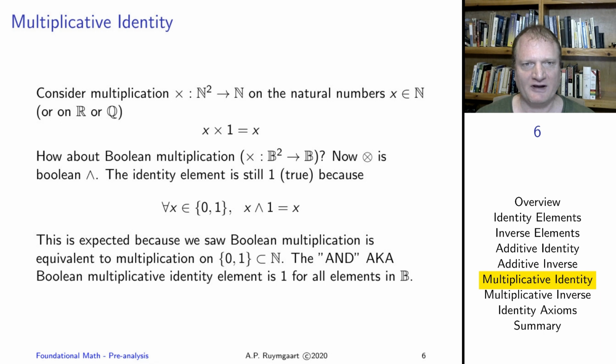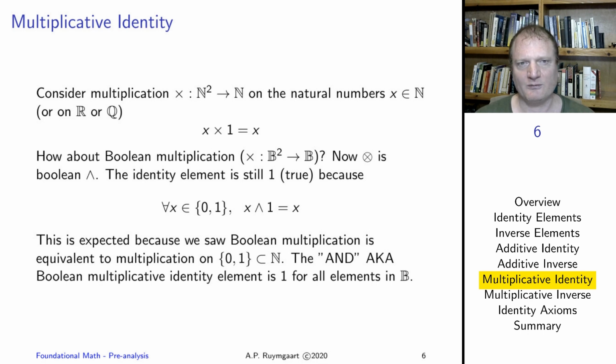Now we've seen an example already of the identity element under the multiplication operation, and now we'll officially define that the identity element for the multiplication operation is called the multiplicative identity. We saw on natural numbers that it's the number 1.